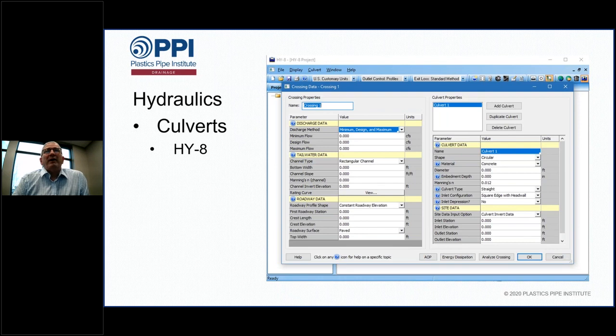Whereas the software fitted a polynomial curve between the weir curve and the orifice curve, so it becomes a smooth function. In a computer sense, it's a nice way to get one curve to take care of inlet control in general. So that's just a very small difference, but that's really about the only difference.